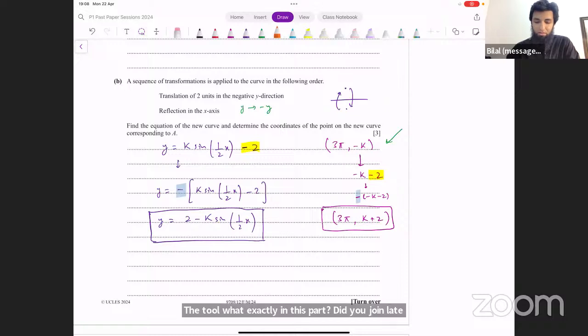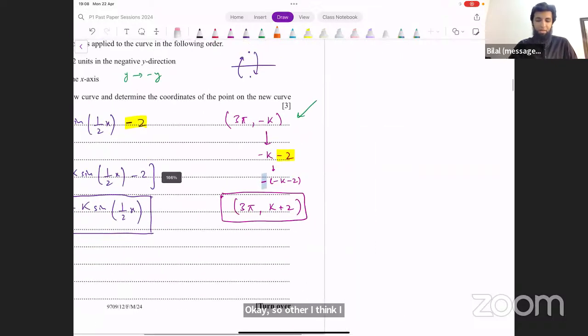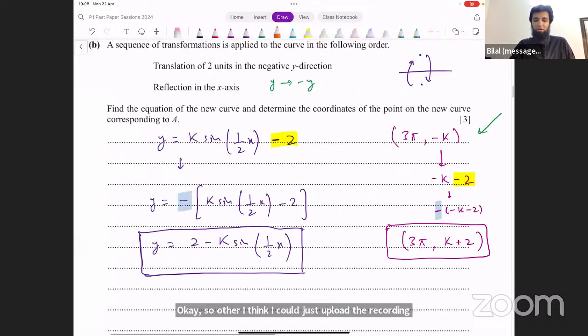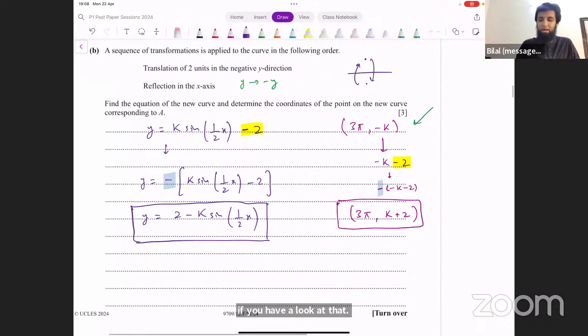It's the new point, I can't understand. Were you here on time or did you join late? No, I was here on time, but I didn't understand it. Okay, otherwise I was saying I could just upload the recording. You can have a look at that. What exactly did you not understand? Because I explained it again as well.